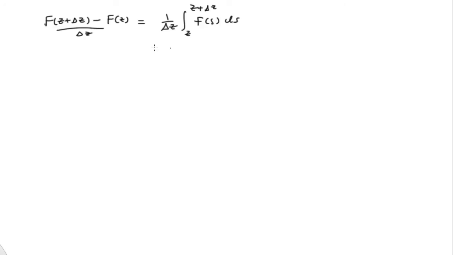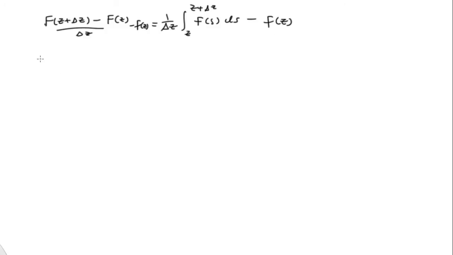So again, I'm going to write that up here. We have F of z plus delta z minus F of z all over delta z, and we said that was equal to 1 over delta z times the integral from z to z plus delta z of f of s ds. All right, and now I'm going to give myself a little bit more room. I'm going to subtract f of z from both sides.